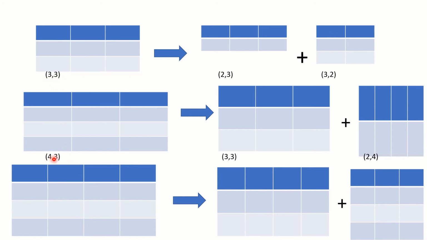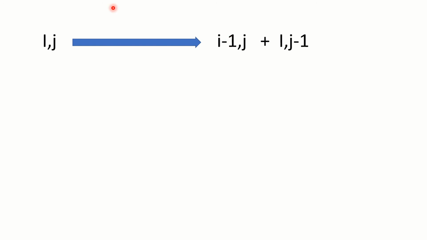So 4 comma 3 can be written as 4 minus 1 comma 3 and 4 comma 3 minus 1, right? 4 comma 2. Here I had written 2 comma 4, it was my mistake, sorry. So I can form one statement here for the i comma j grid. Suppose a 4 comma 4 grid is there, I can write it as 3 comma 4 and 4 comma 3, right?